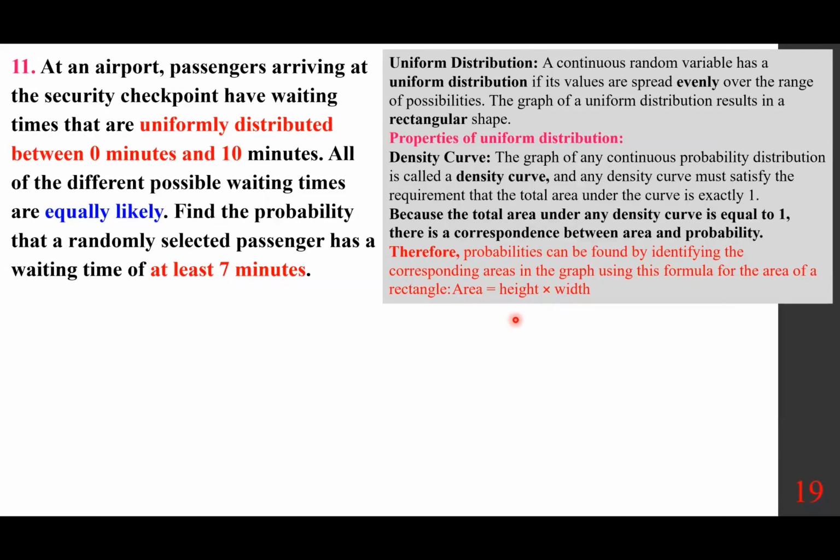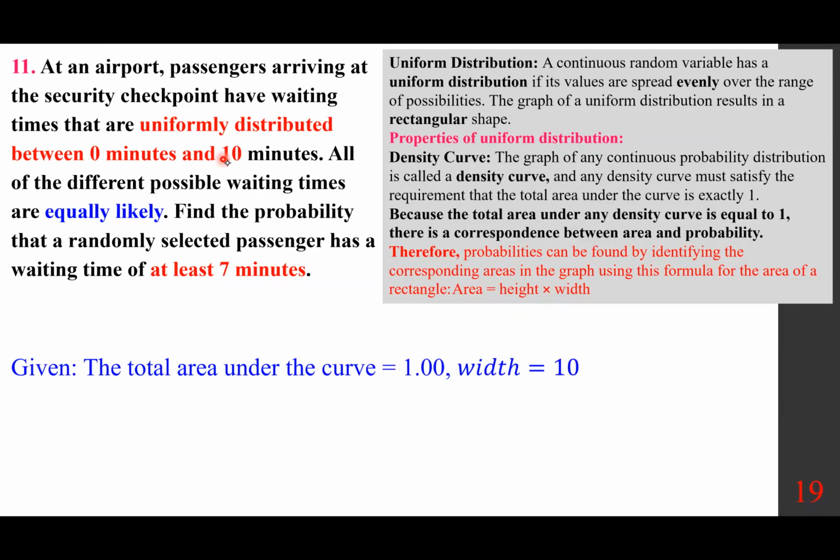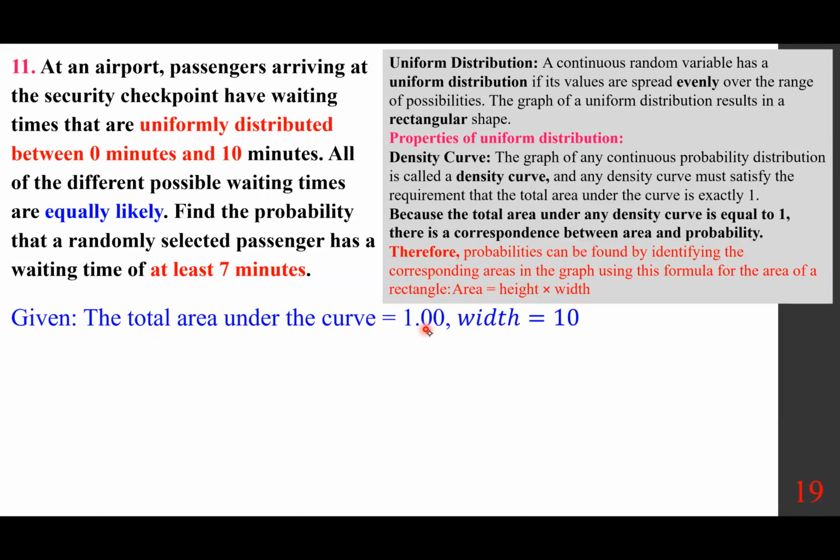The total area is 1 because the total area represents the probability. And we're going to go from 0 to 10. So the total area under the curve is 1 because it represents the total probability. And the width is 10 minus 0, or 10. So the height must be what? 1 over 10.